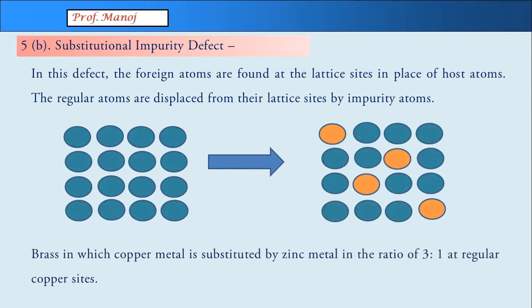This is an example of brass. So in brass, watch carefully, in every row there is one zinc and three copper atoms.